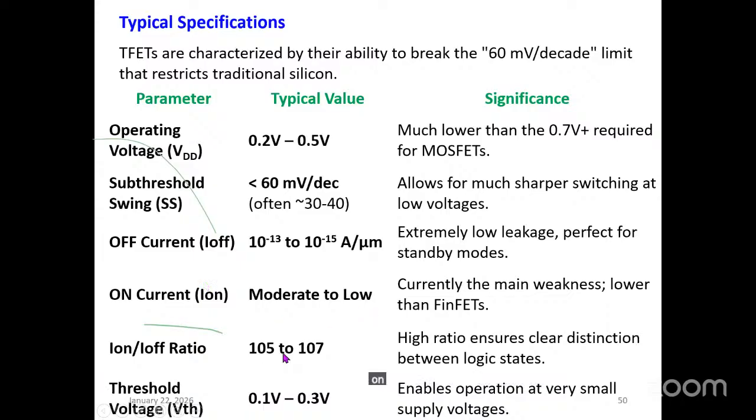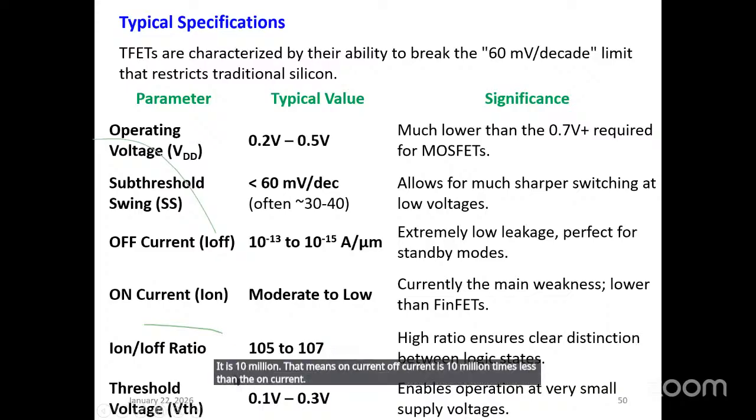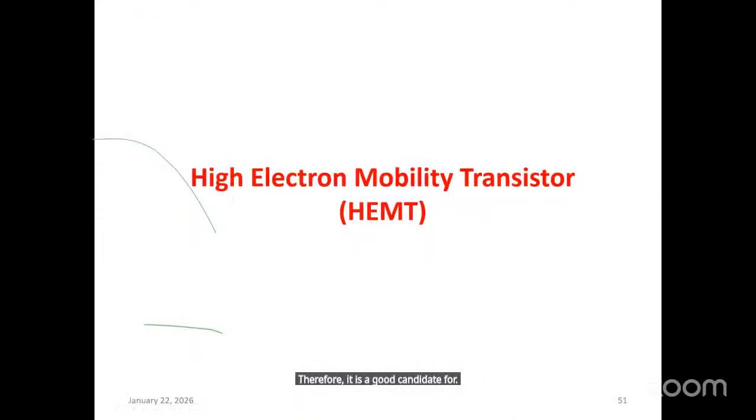The on to off current ratio is 10^5 to 10^7. That is a good amount. 10^7 means how much? It is 10 million. That means the off current is 10 million times less than the on current. It is a good device. And the threshold voltage is 0.1 to 0.3. Therefore, it is a good candidate for low power dissipation.